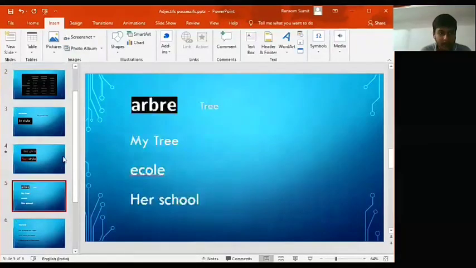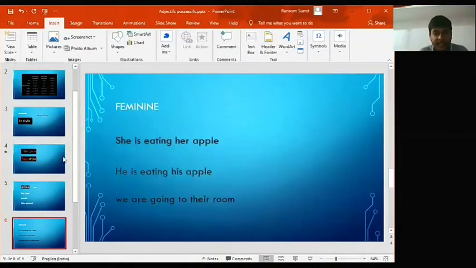Now, let's translate these. She is eating her apple. Now, she is a female person. For eating, we use the verb manger, and for her, we will use sa, and apple is feminine. For apple, we use pomme, which is feminine. So the translation would be elle mange sa pomme.